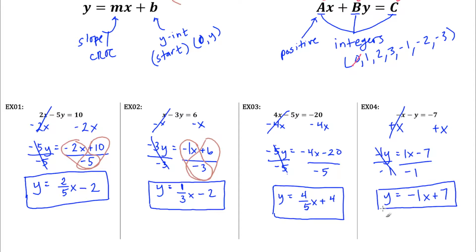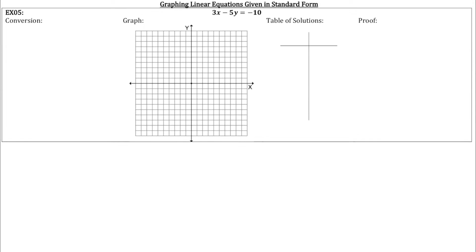Alright, so now that we know how to do this, now we can actually graph equations like this. So let's go here. This one says 3x minus 5y equals negative 10. We're going to graph this, but we can't graph this standard form, so we're going to change it to slope-intercept form.